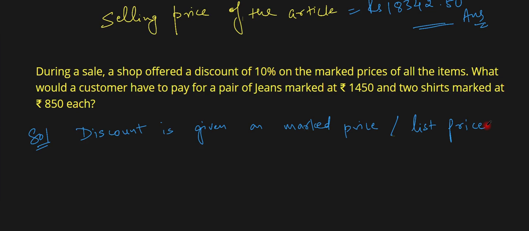What would the customer have to pay for a pair of jeans marked at 1450? So the marked price of jeans is rupees 1450.